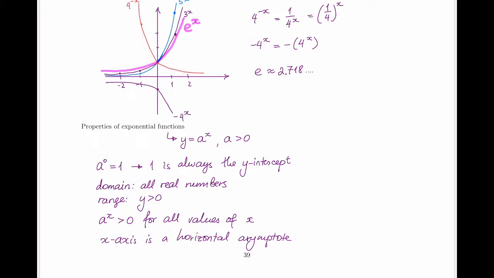So this is something else that we can list in properties here. a to the power x is increasing if a is bigger than 1, and a to the power x is decreasing if a is less than 1. Notice that I'm not including the case of 1 because 1 to the power x is just 1 for any x, so that will be the graph of a horizontal line.